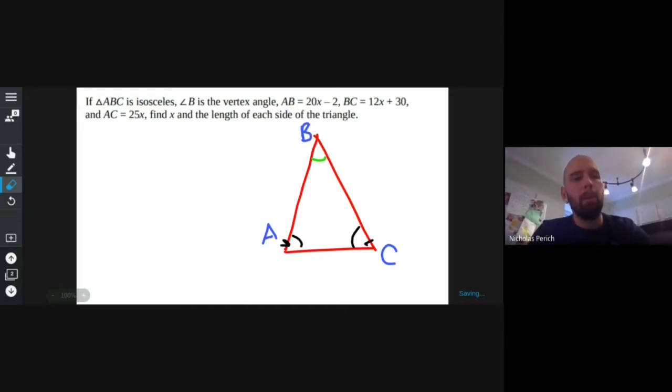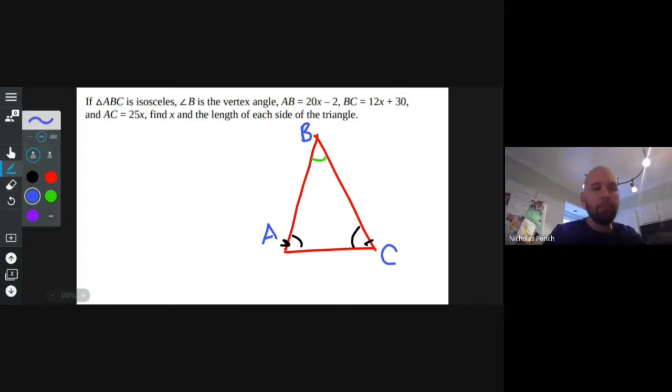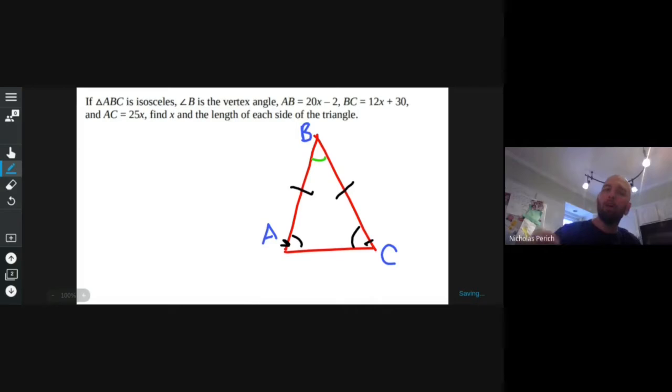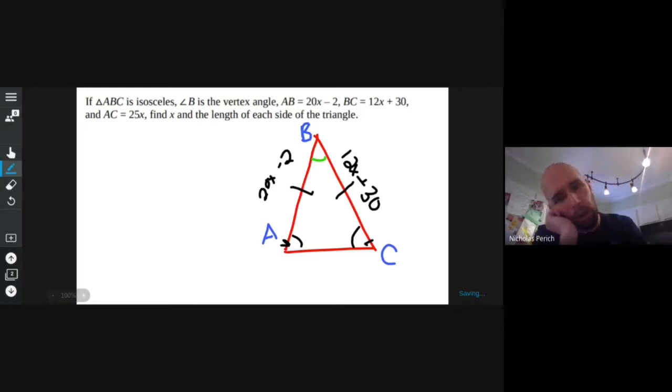Now, here's the thing. If these two angles are the same, then these two sides are the same. So AB is 20x minus 2, and BC is 12x plus 30, which means they're the same.